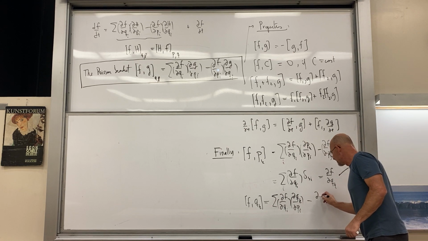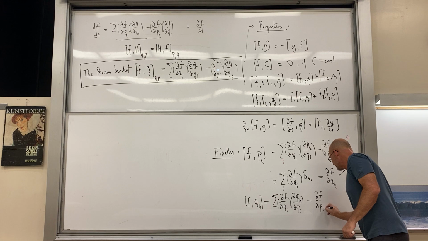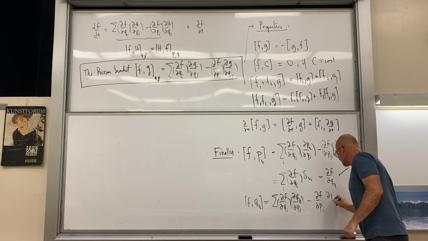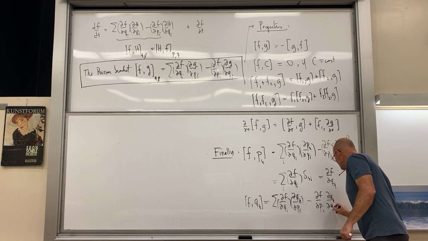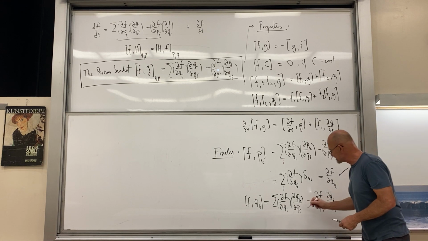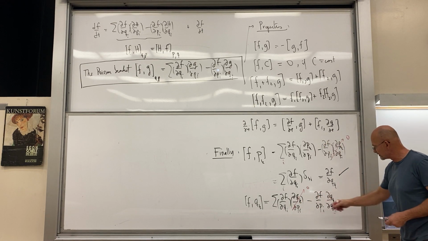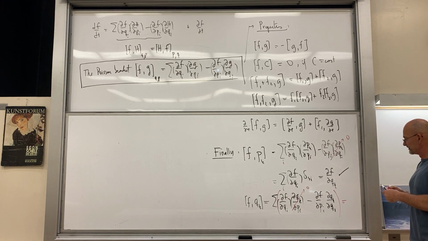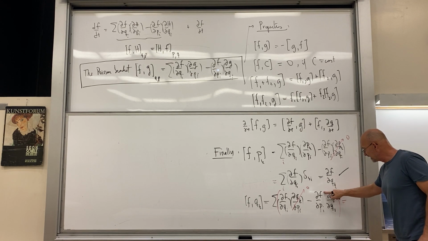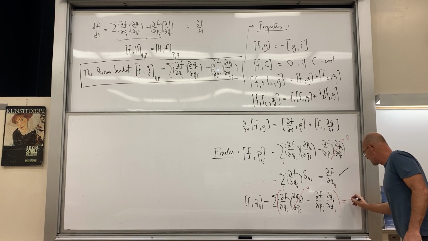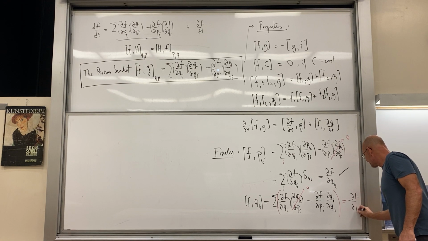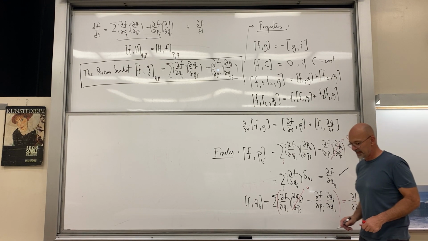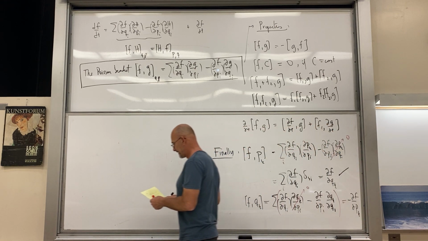Then we have minus df dp sub I, dq sub k dq sub I. So again, these vanish, and we're just left with this one inside the sum. What do we get over here? Minus df dp sub k.